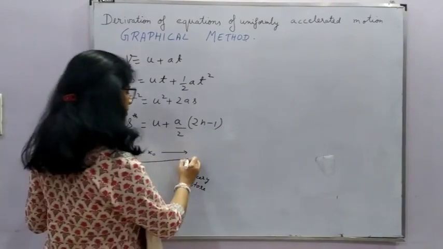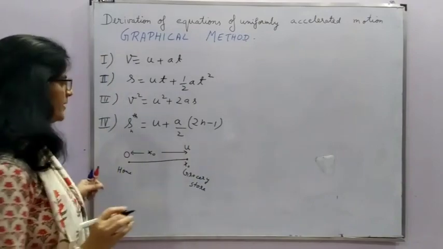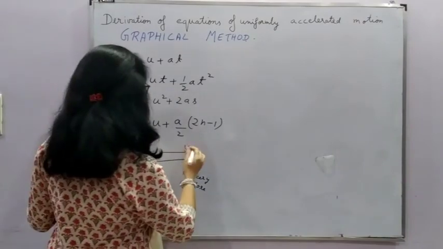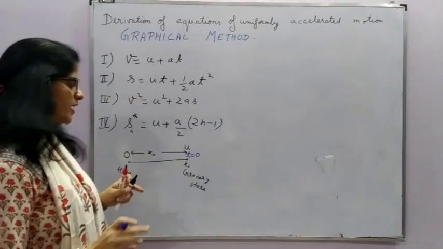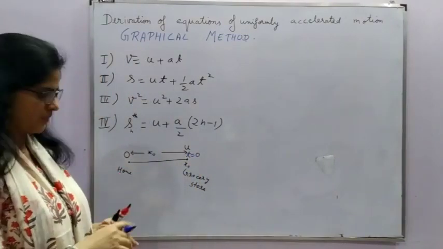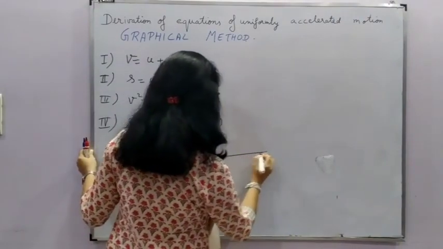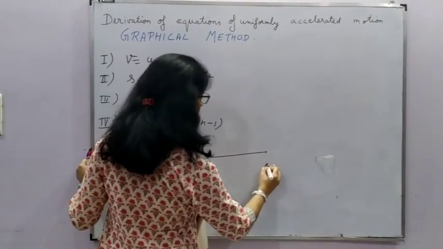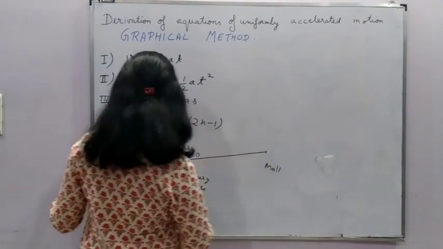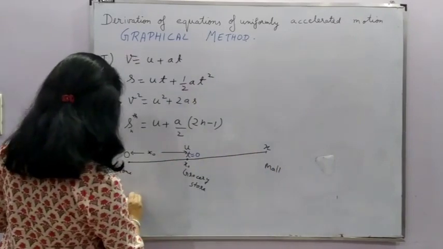Then at the grocery store, suppose your speed is u, and you start measuring time from the grocery store and you still have to continue your journey. Suppose you are continuing your journey towards a mall which is straight on this path only, and at this mall your position is x with respect to your home.